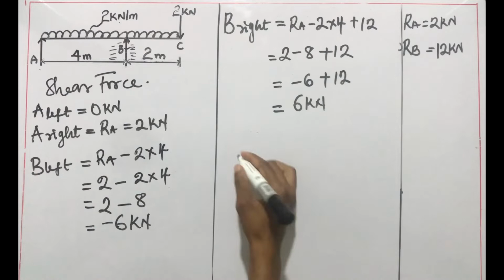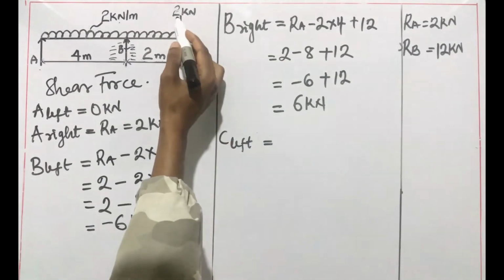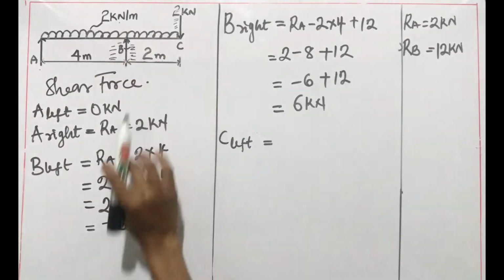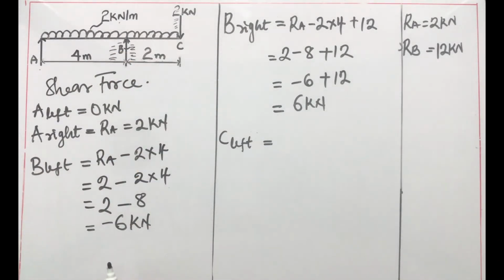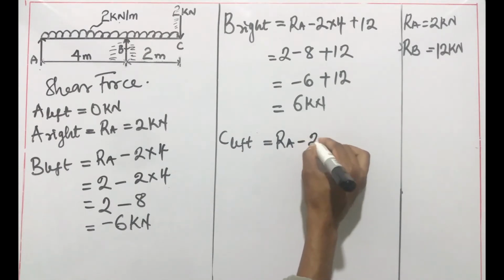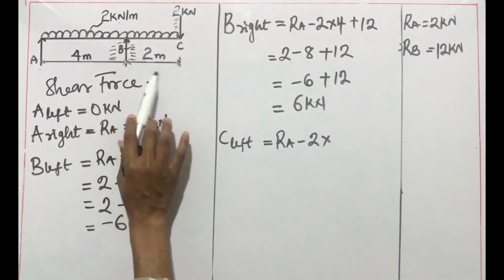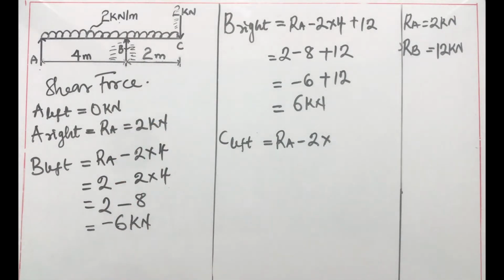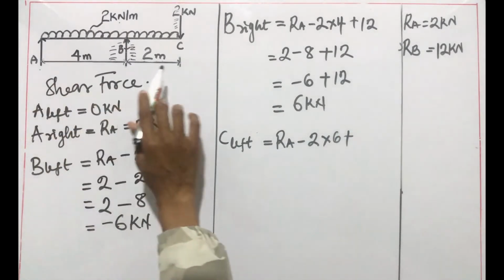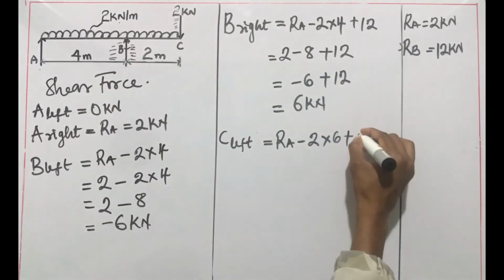Next is C left. Now, as we did B left, it involves all the forces down to C, excluding the force at C. So we start from the beginning, RA minus 2 times the total distance, which is from A to C. The next is RB.